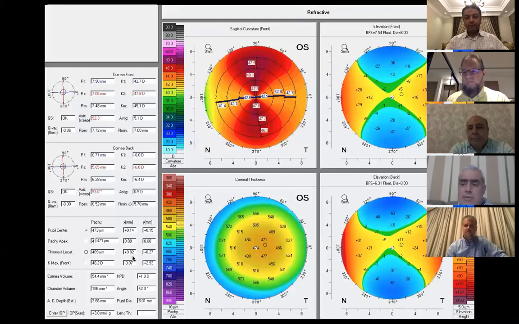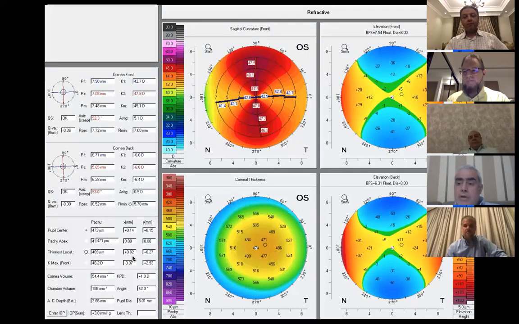Let us say on this, okay? Yeah. And I am astonished that the patient sees 20/20. Actually, I was expecting less than 20/20 in the left eye, especially because there is high astigmatism and steep cornea. Normally, steep cornea patients don't have the privilege of having 20/20 vision.